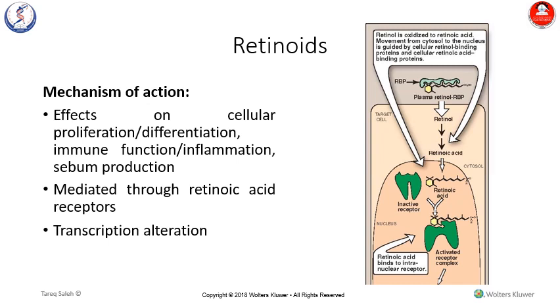At first, retinoids circulate in the plasma bound to a carrier protein called the retinol binding protein or RBP, and they become released from their bound protein at the target cell.